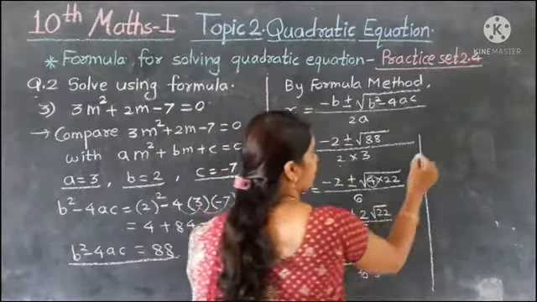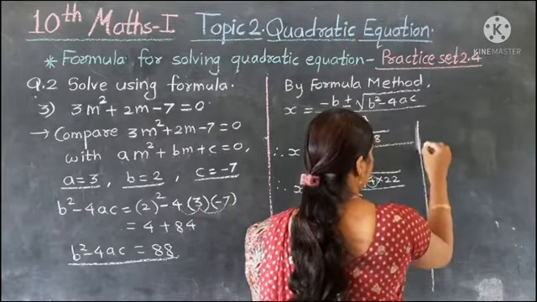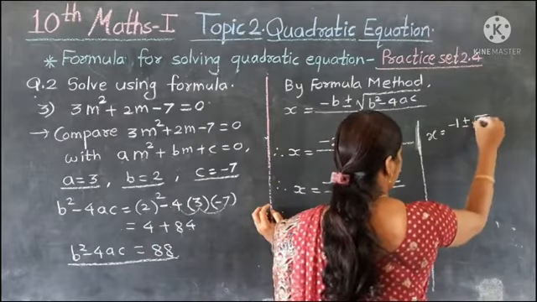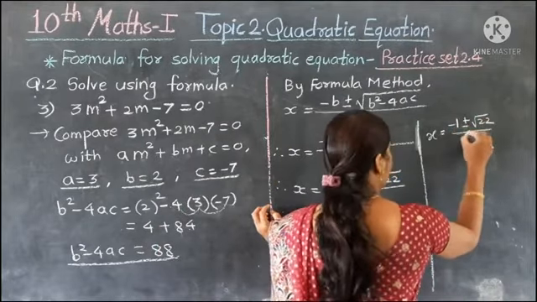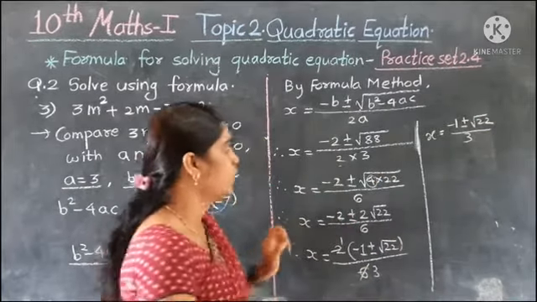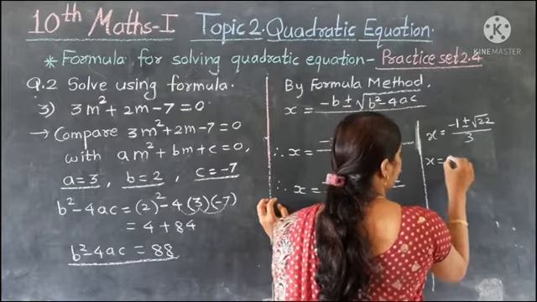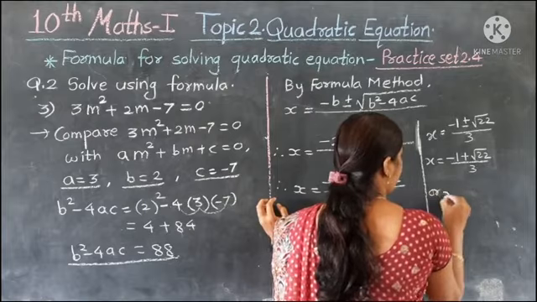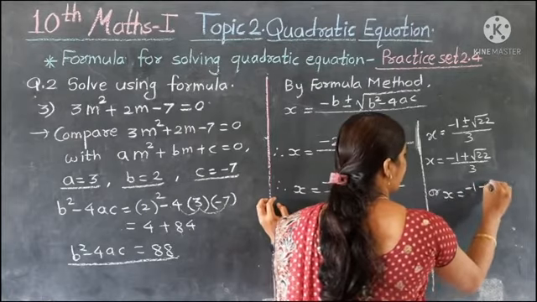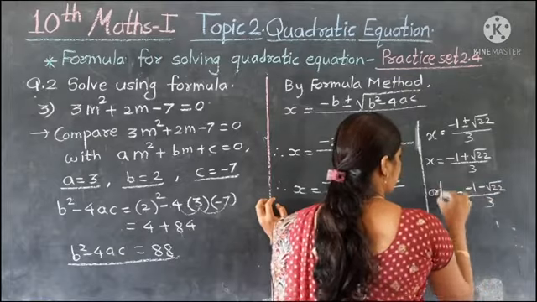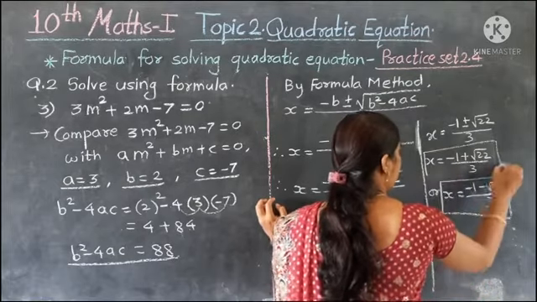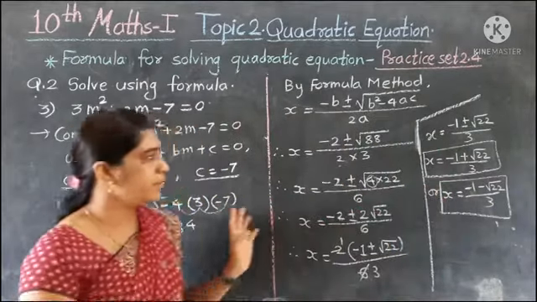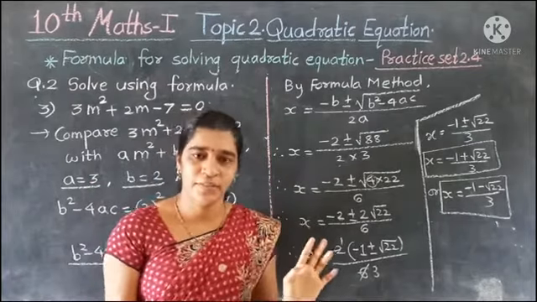So we get x is equal to minus 1 plus or minus root 22 upon 3. Okay, so taking plus one time, we get x is equal to minus 1 plus root 22 upon 3, or x is equal to minus 1 minus root 22 upon 3. So these are the two values of x we get. Okay, understand? Here we completed question number 3.